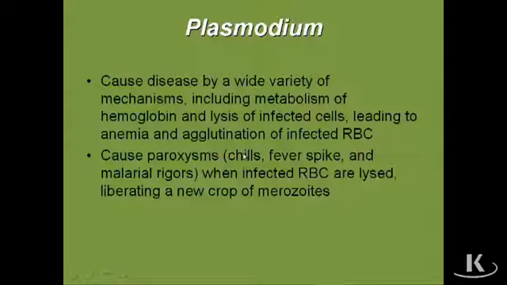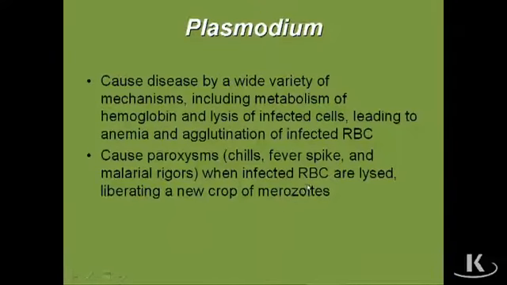So there's the two different stages, in the vertebrate host and in the arthropod host. And I showed you that when I walked you through the life cycle. Just like I said, every time you release those organisms and they're lysed from the infected cells, you're going to get the classic paroxysms of malaria, the fever, the rigors, and the chills, every time those red cells are lysed.